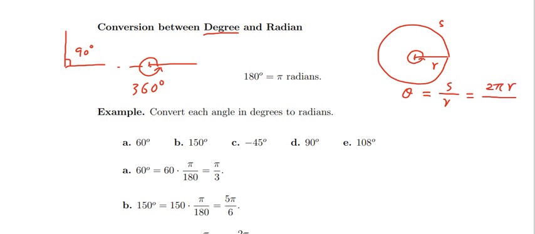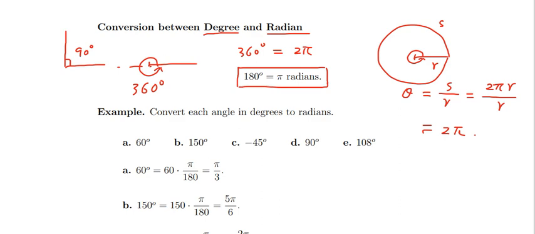So this angle, one circle turn around, is 2 pi. So the relationship between degree and radian is thus. We say this angle 360 is equal to 2 pi. So we cancel 2, and we just use this: 180 equals pi. Okay? So 180 equals pi. This is the relationship between degree and radian.